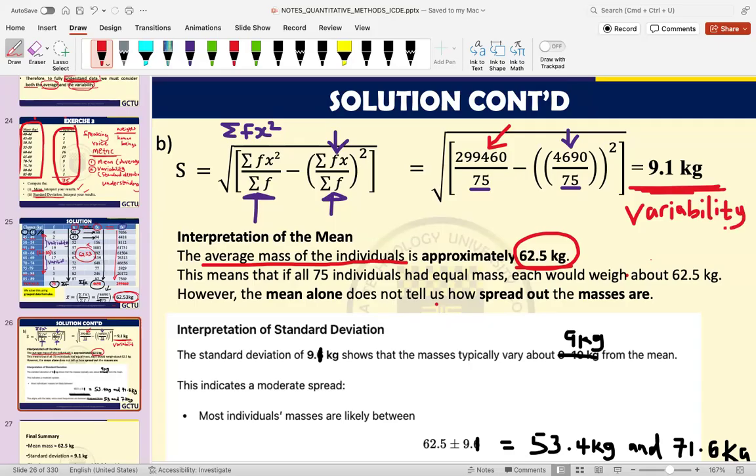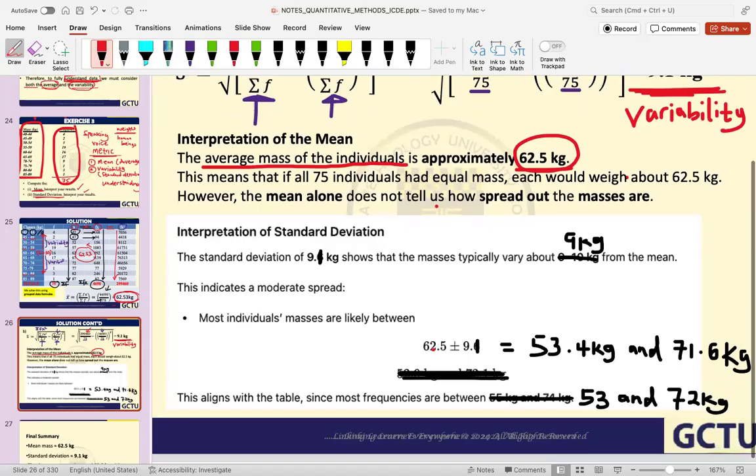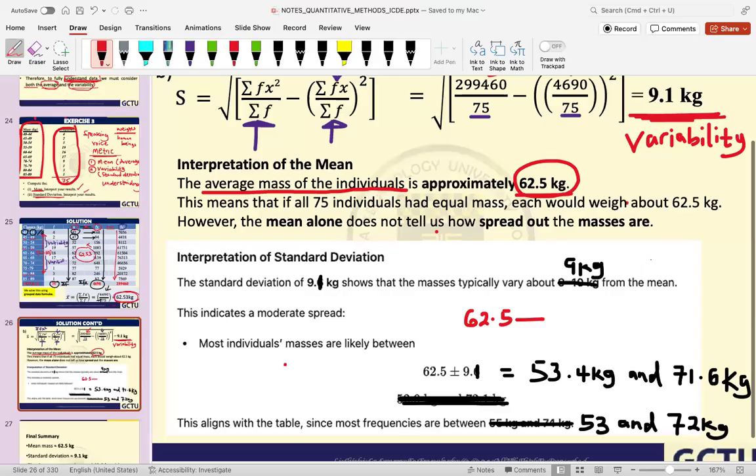So what does it mean? It means that when we pick the center, which we had 62.5, when we are going to the right like this, we should add 9.1. So if I add 9.1 to 62.5, I'll have 71.6.